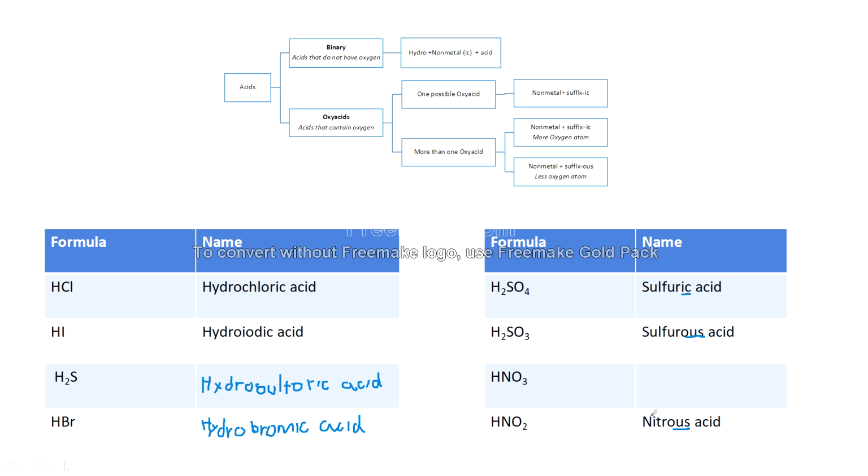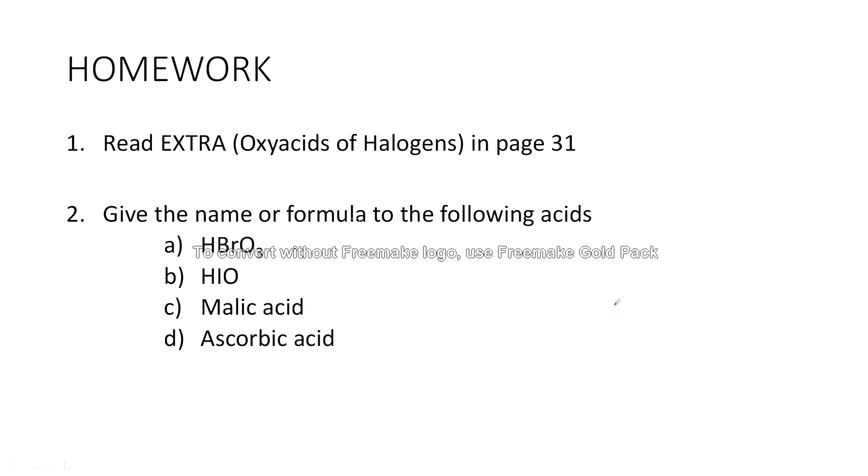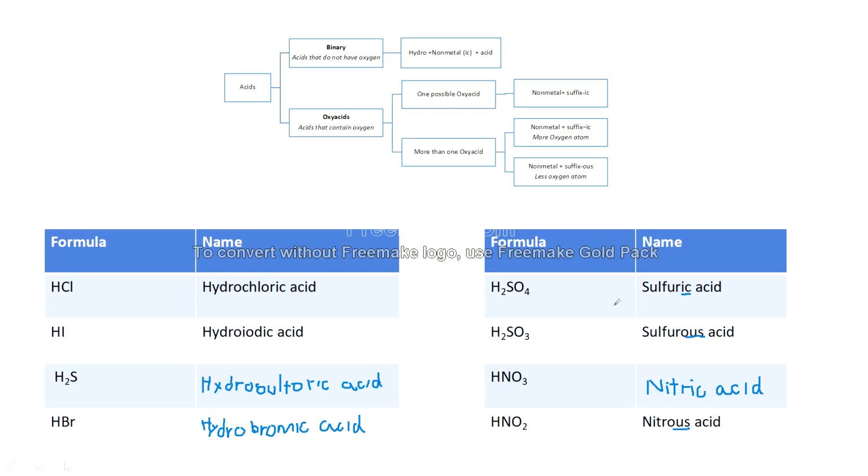So for HNO2 we have nitrous acid, and for HNO3 we have nitric acid. And that is it. A very short lesson.